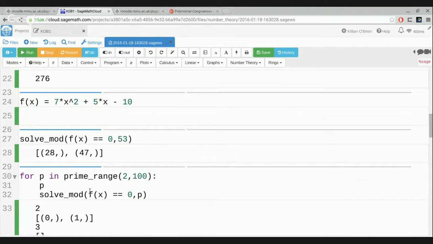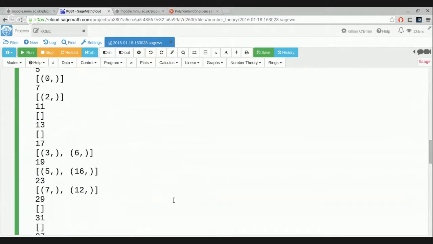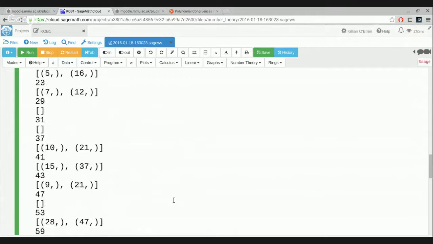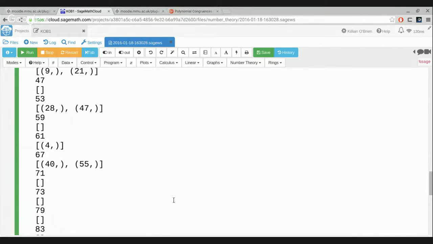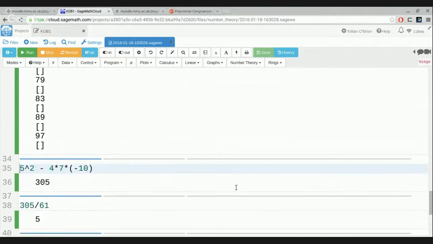It's only of degree 1 modulo 7, because that coefficient is 0 modulo 7. But for all the primes after 7, we're either getting no solutions or two solutions, except sometimes, for the prime 61, we're back to only one solution again. But we certainly never see 3 or more solutions.